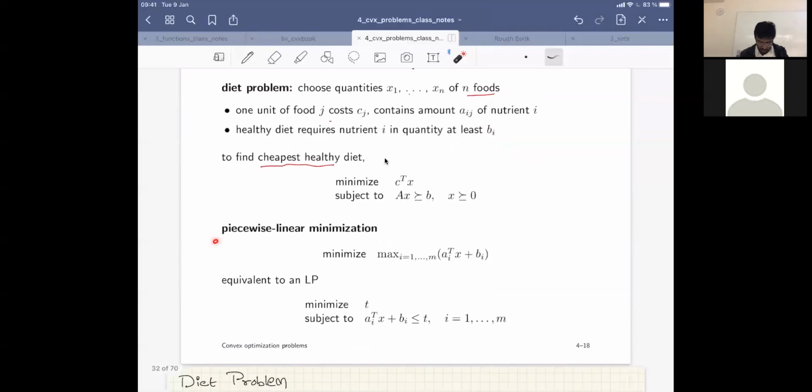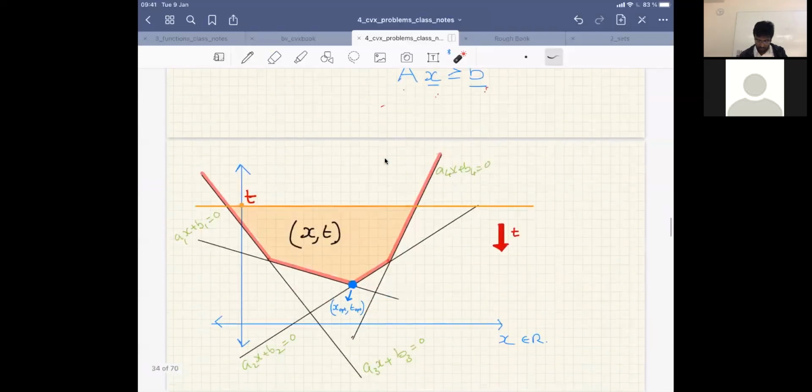Another example is piecewise linear minimization. So what is a piecewise linear function? We already saw, for example, the absolute value function is a piecewise linear function, which says take the maximum between these two lines. Okay, let's see here.